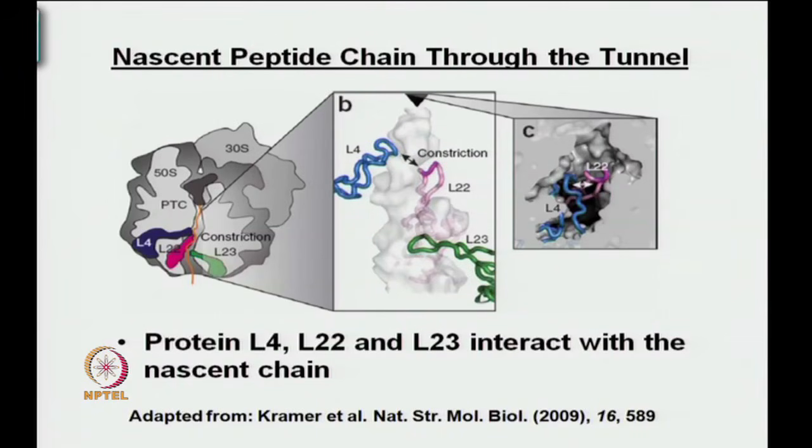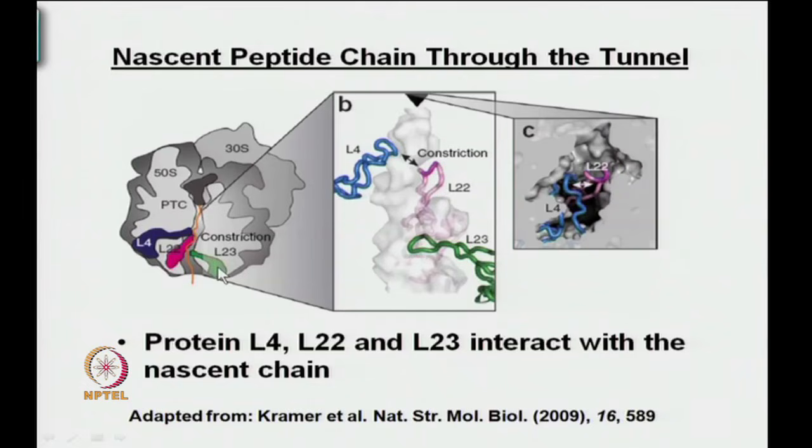A little deeper into this tunnel, because this is important. This is the place through which your elongating nascent chain is moving gradually. Now, if you look at the first figure, focus your attention on two things: L4 and L22.